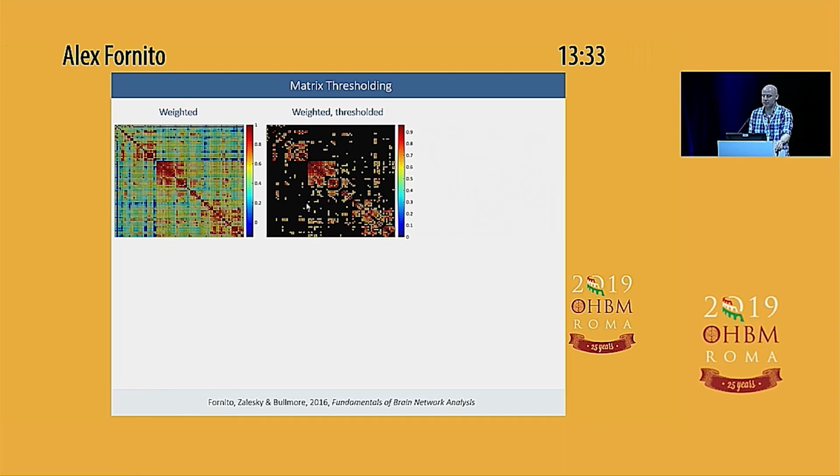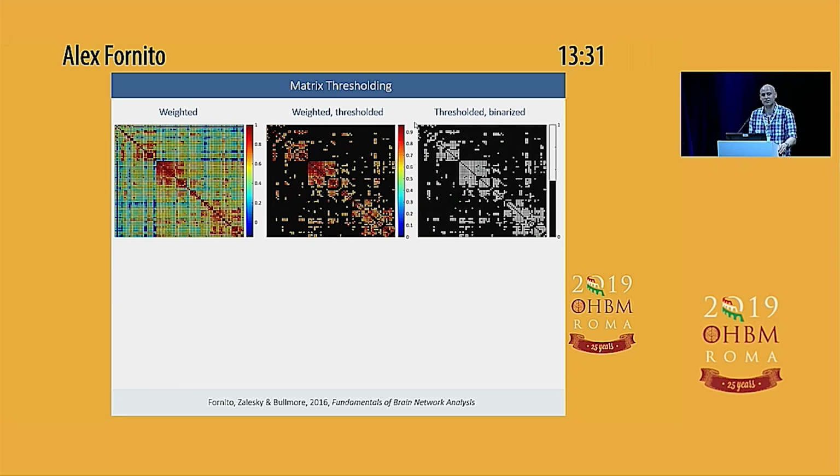And often many people also binarize the networks. In this case, you set all connections that survive the threshold to the same value, a value of 1. So by binarizing, we're focusing just on where connections are in the network, ignoring their strength. Whereas if we keep the weights, we can look at how those variations in connection weights might affect network structure.